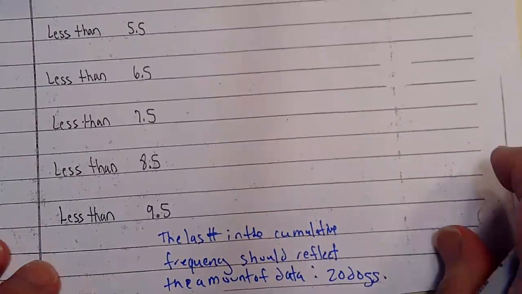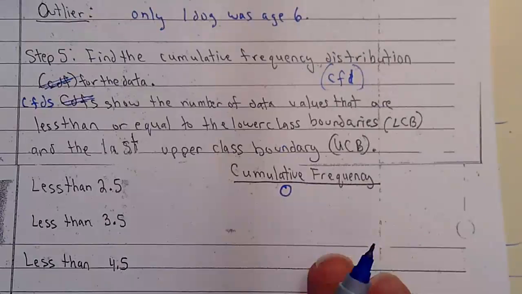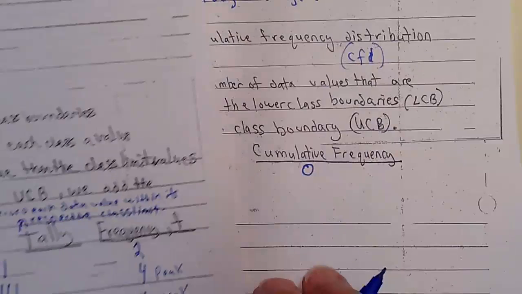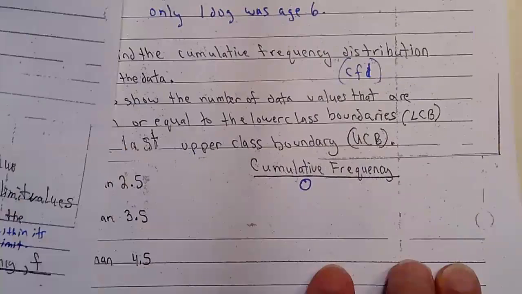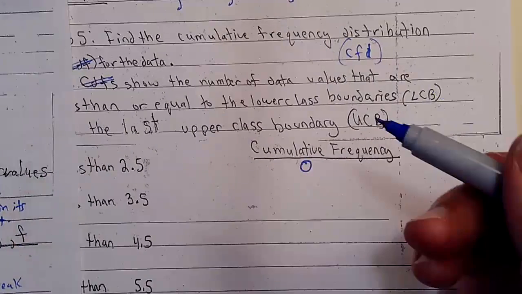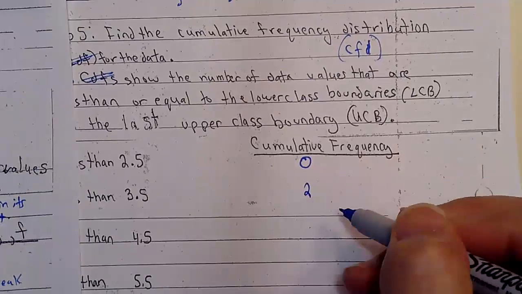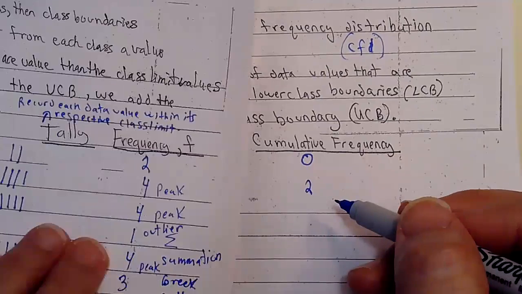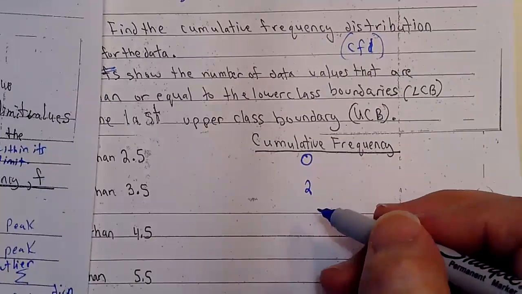So then when I go back and start off with 0, and I have to go back and do my frequency. So 0 and then 2. So 0 and then I'd have 2, and then I'd have, see this, then I have 2 plus 4, which would be 6.